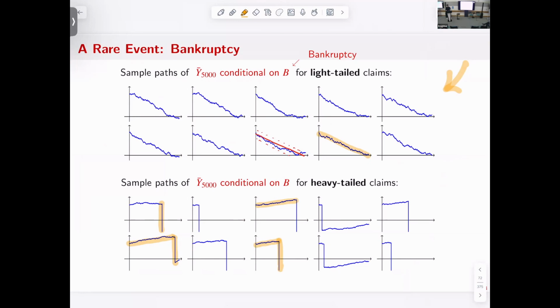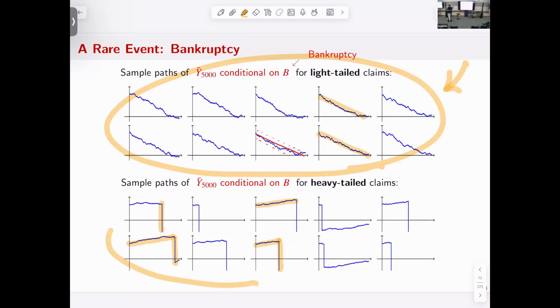One thing to notice here is that in the light tail case, it was a deterministic path, just a single deterministic path. Here, it has a very specific structure, but the arrival time of the jump is random.